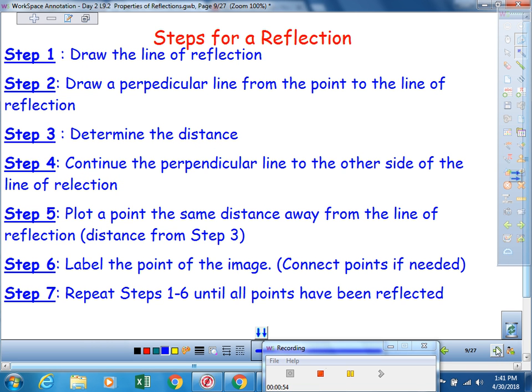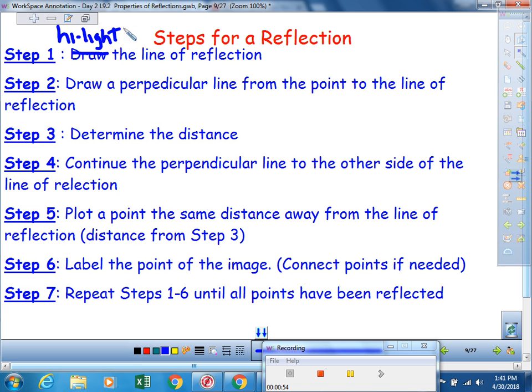All right, so you guys have this, so turn that note sheet over. It's on the back of the note sheet, so you don't have to write it. We're just going to make some modifications to this. So instead of drawing the line of reflection, we are going to highlight the line of reflection.